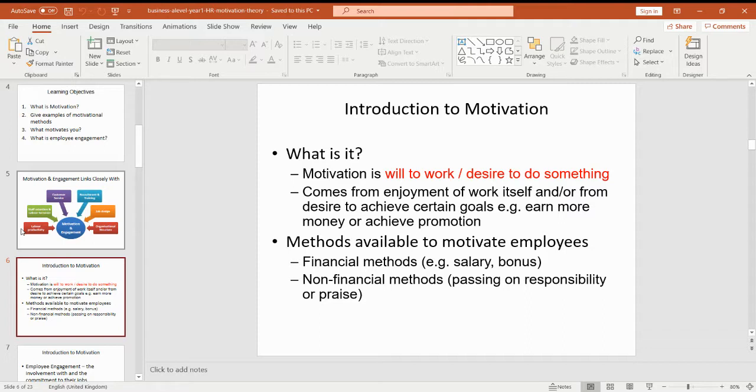Some people are motivated by other factors. They're motivated by status, a job title. Some people are motivated by the desire to help people or to give something back to society. And what we're going to be looking at today is the different theories surrounding motivation and how they can be applied to a business context and to different individuals.